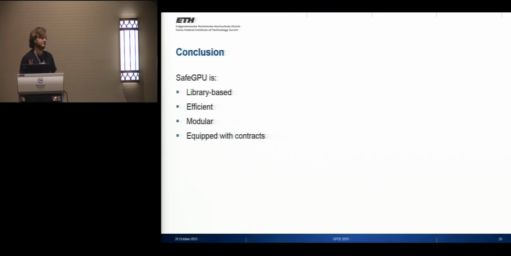If it's scalar contracts, we don't need any extra computational power because we check it on the CPU side. If it's range contracts, at least what we tried, it usually takes linear time over the number of elements. And if the problem is not linear, say you have something with matrices, then you have a little bit of extra linear computation time, but your algorithm is quadratic or cubic, so it's not very noticeable. The most overhead we could get with SafeGPU is 13% over the version without contracts.